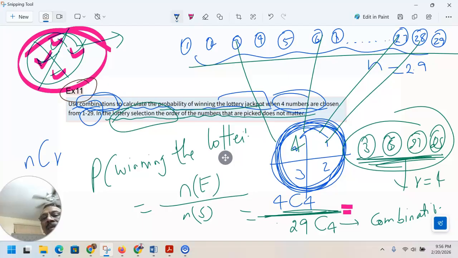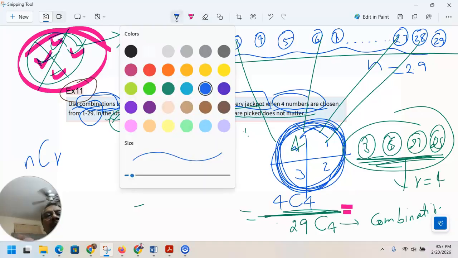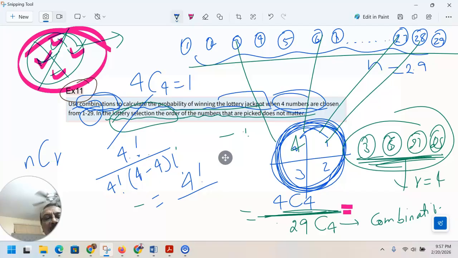So if you evaluate 4C4 using a calculator, it is one. And if you really want to do the actual mathematics, it is 4 factorial over 4 factorial times (4 minus 4) factorial. So you get 4 factorial over 4 factorial times 0 factorial, and 0 factorial is 1. This crosses out, you get 1 over 1, you get 1.